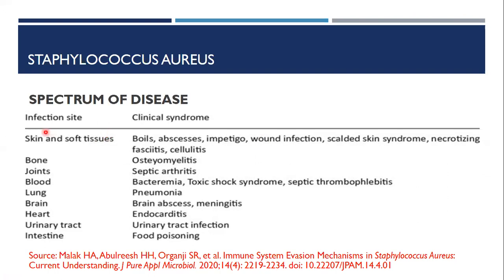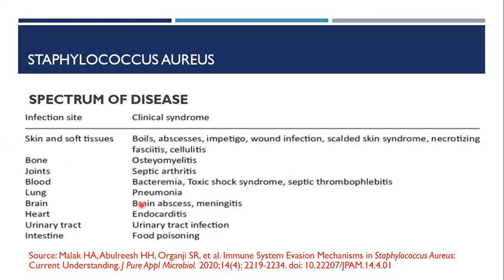When it enters the skin and soft tissues, this is associated with the following clinical conditions. When it infects the bone, we term it osteomyelitis. When joints are involved, we term it septic arthritis. Or when it gains entrance into the blood, we term it sepsis or bacteremia.